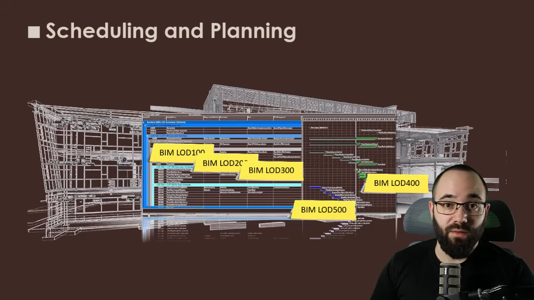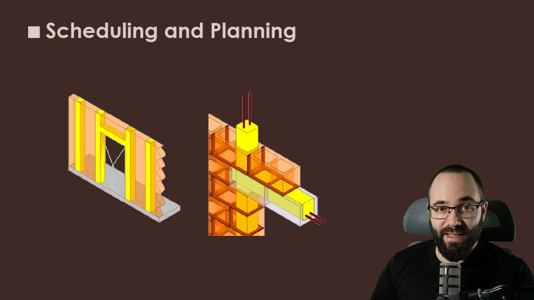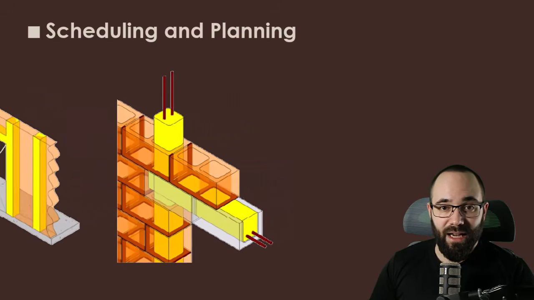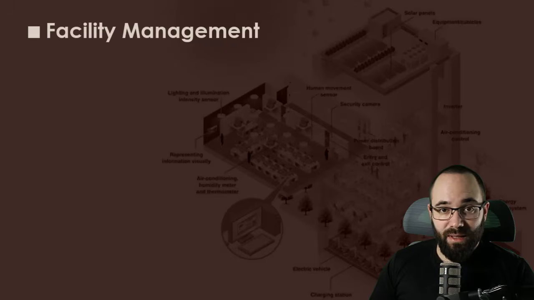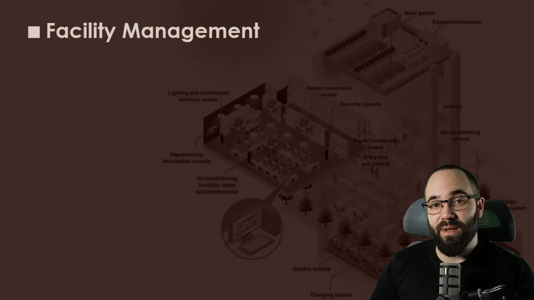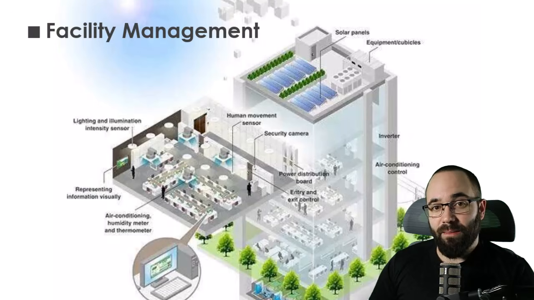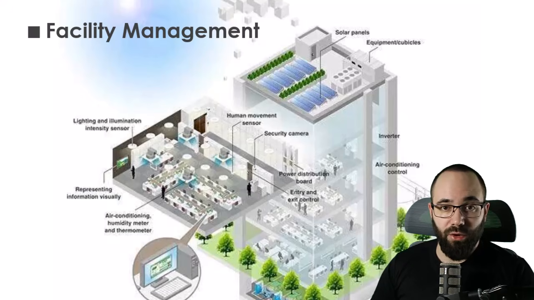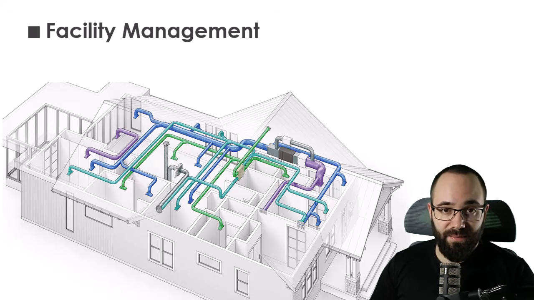When using LOD 400, contractors can plan specific fabrication processes and timelines since the model includes detailed connections and materials. Then we have facility management. LOD 500 provides a comprehensive as-built model that aids in facility management. For example, maintenance teams can use the model to locate and service the HVAC systems, accurately improving efficiency.